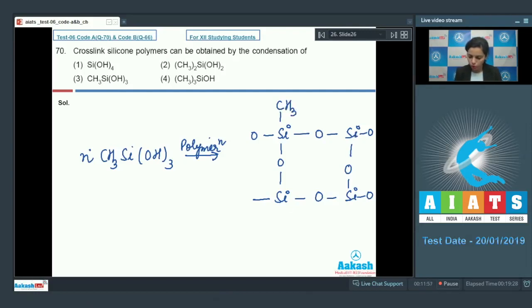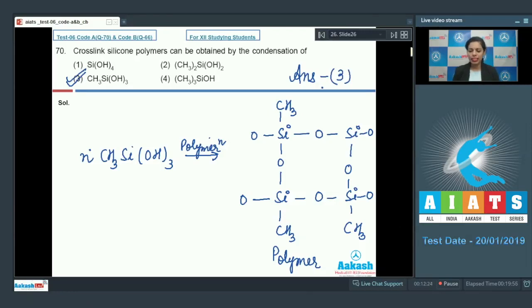So I'm just showing you. This way. This type of polymer is formed and so on it is formed. It means this is a cross-linked polymer. For its formation, this is the monomer that can be used. So here this is the correct option and that's why I'm just choosing it here. After this, question number 71 we have.